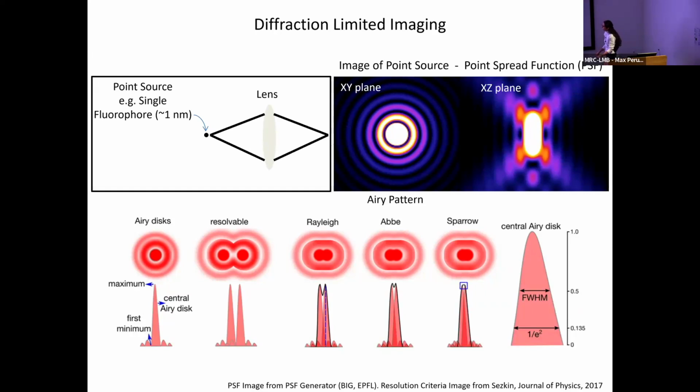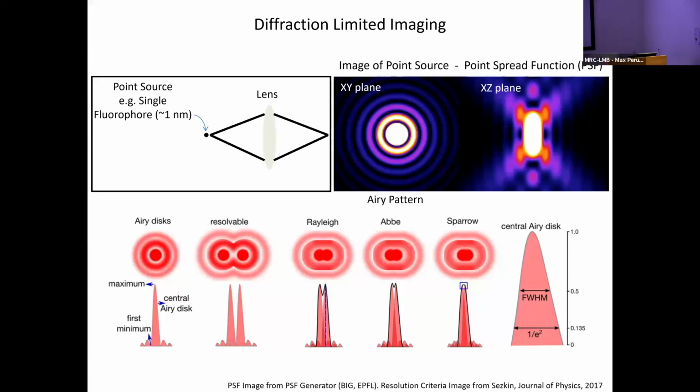And so the resolution here, if I have two objects, this is how I see objects in the microscope. I have two objects that are close to each other, but within the resolution limit, I can identify them, and I can say I have two objects. When they get very close to each other, they start merging, and here you can't distinguish anymore.